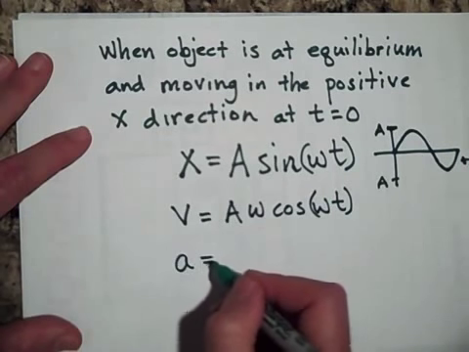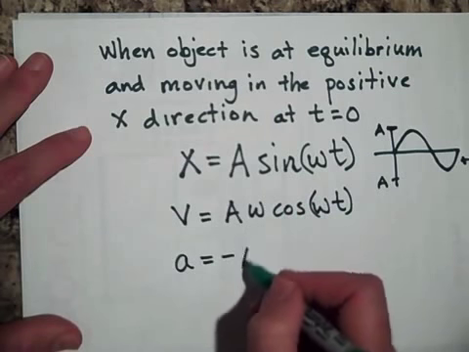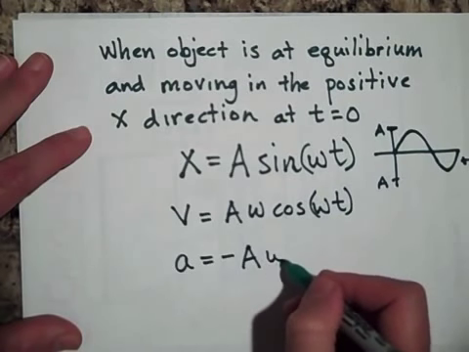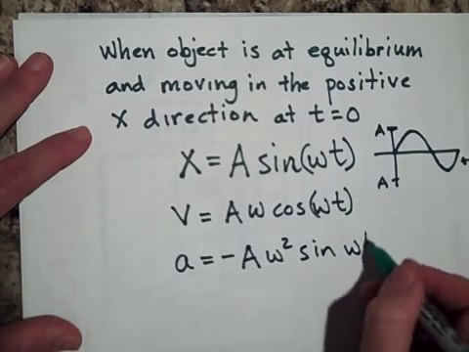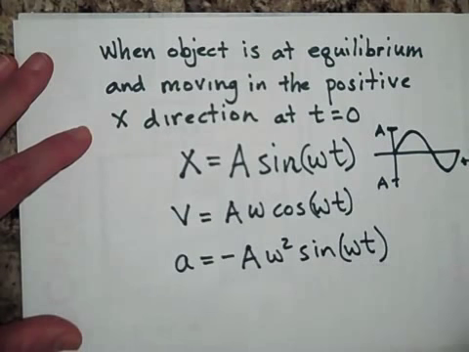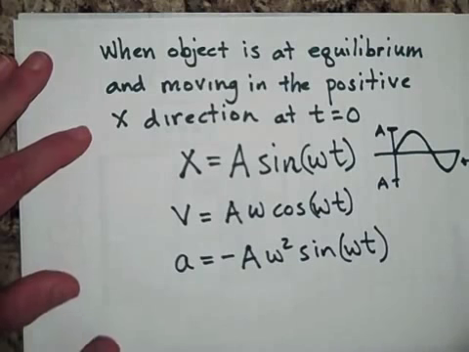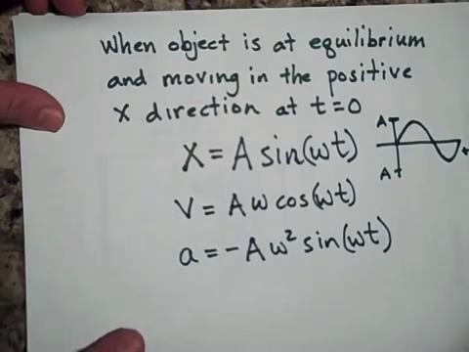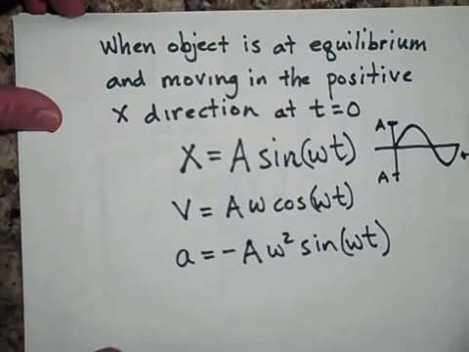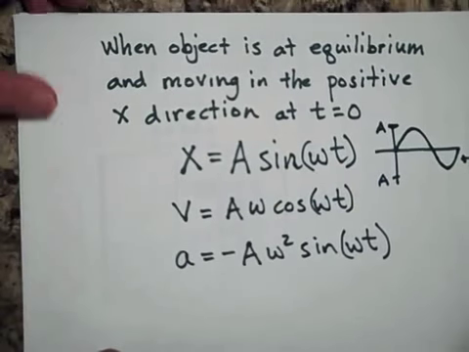And the acceleration will be the derivative of that, which is negative A omega squared sine of omega t. All right, so that is how we describe motion.